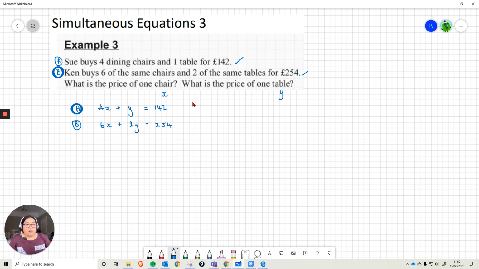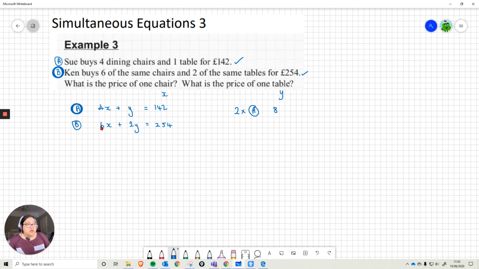Now, in the previous video, I talked about changing X because it's usually the easiest. In this case, I'm actually going to change Y, because I can see that with Y, all I've got to do is double the first equation to make these two the same. If I chose to do X, I would have to change both equations, and I just want to make it a bit easier for myself. So I'm going to take my first equation A and double it.